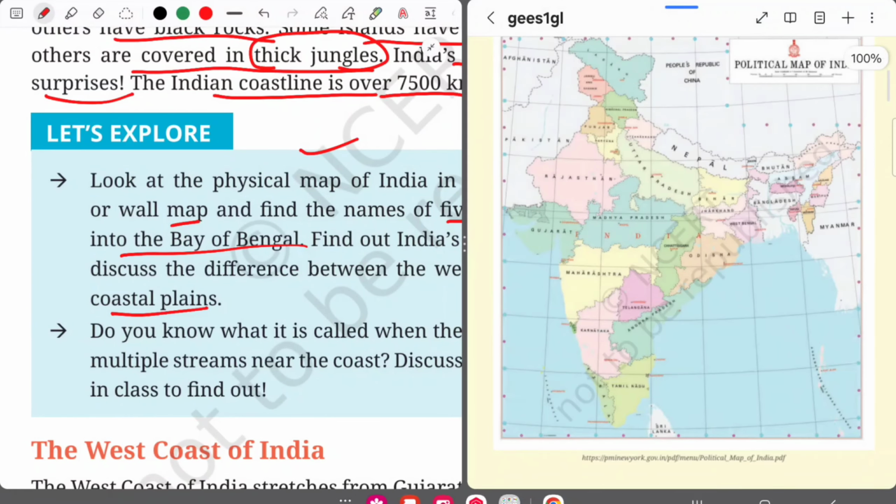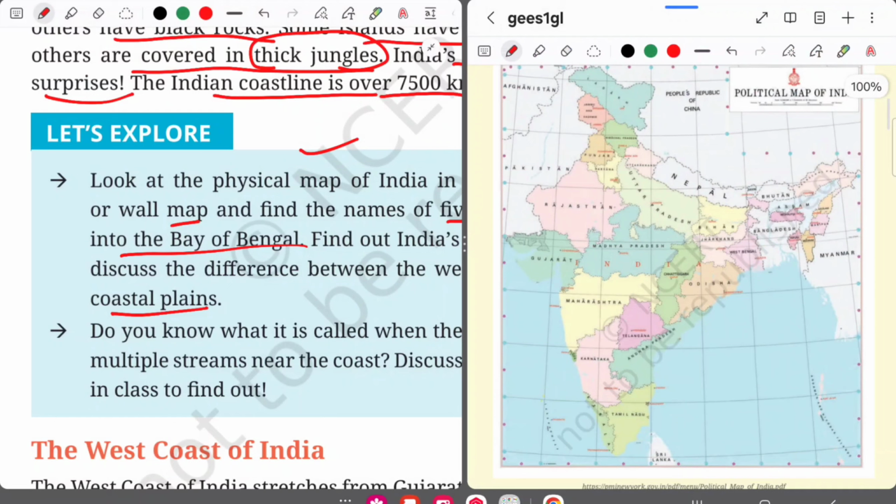Let me make the map a little bigger so that it will be clearer to you. Let us try to find out the west coastline and the east coastline. First, let us see the west coast states. We have Gujarat, Maharashtra, and we have Goa here, small, and we have Karnataka, and we have Kerala.